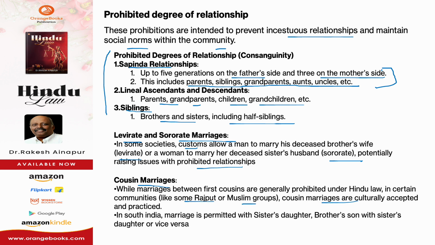And in South India, it is common that a younger brother can marry his sister's daughter. Okay. And a brother's son can marry a sister's daughter, vice versa. So this is common in South India. Though these all fall under Sapinda relationship, which is prohibited, from a customs perspective, people are following them and it is allowed.